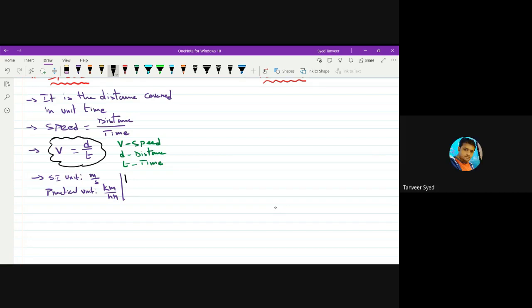Why that 5 by 18 or why that 18 by 5? 1 kilometer per hour is 1 into 1000 meters, since kilo is 1000 meters, divided by 1 hour.